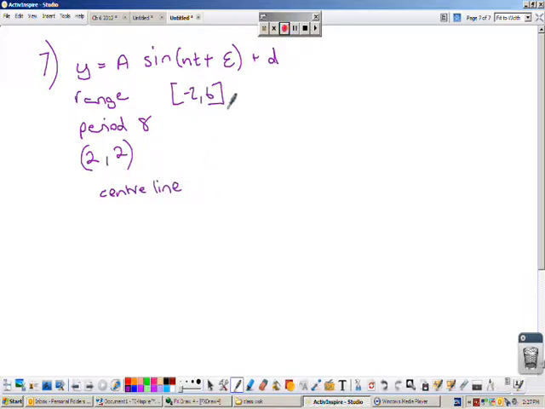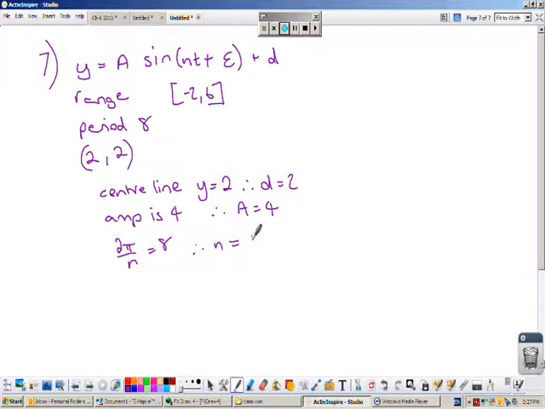The range from -2 to 6 is 8, so halfway is going to be at y equals 2, therefore d equals 2. The amplitude is 4, therefore a equals 4. And the period is 8, so 2 pi on n equals 8, therefore n equals pi on 4.